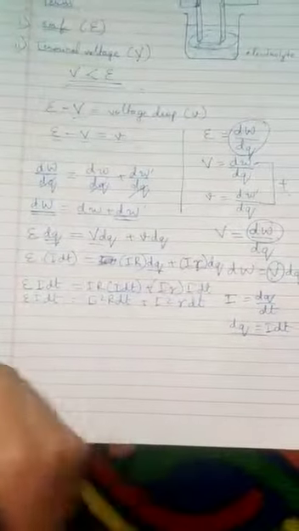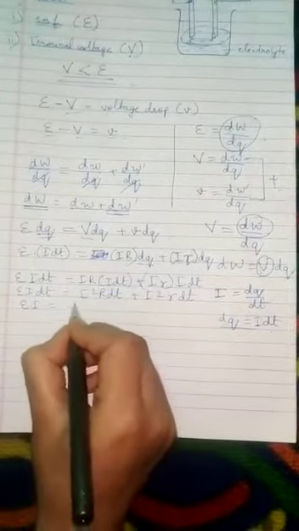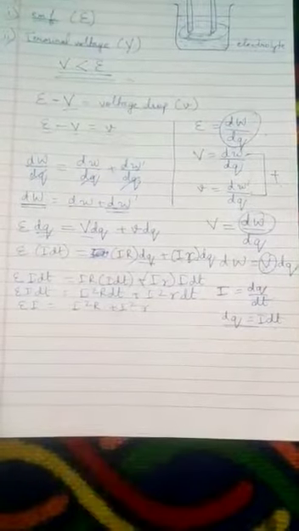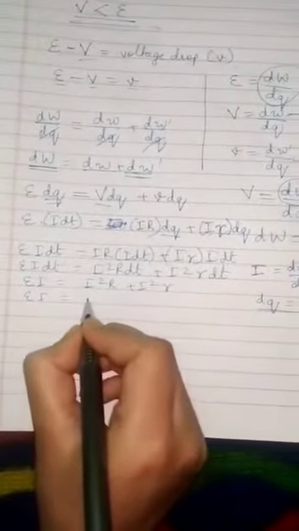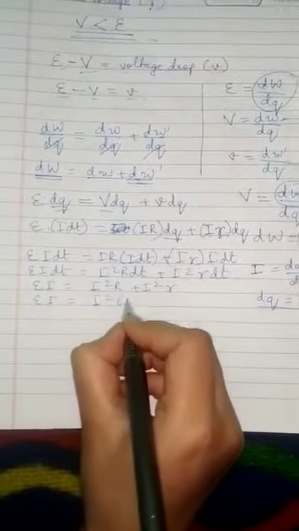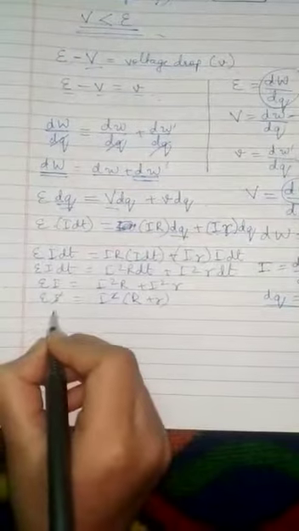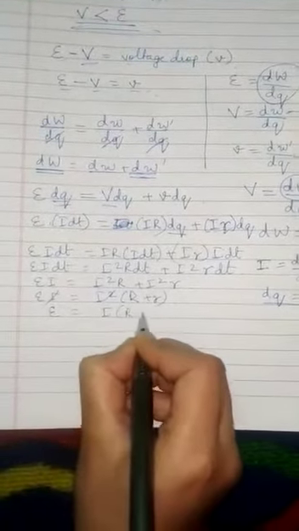Now we can cancel dt, so we'll be left out with EI is equal to I square R plus I square small r. From here we can take I square common, R plus r, so EMF will be equal to I into R plus r.